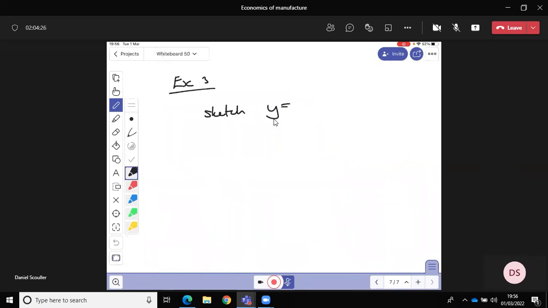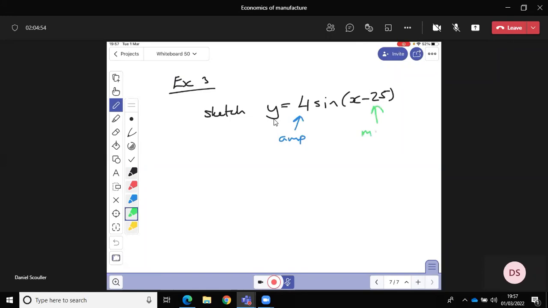Okay. So we'll do y equals 4 sine x minus 25. What do we see here? Amplitude again. It's a sine graph. So we know a normal sine graph starts at 0, 0. But we're minus 25 this time.